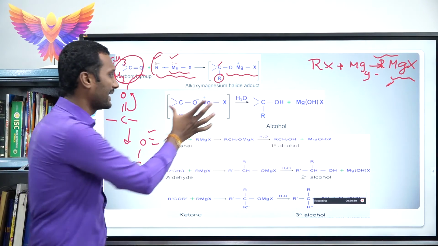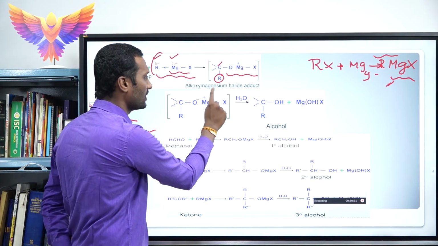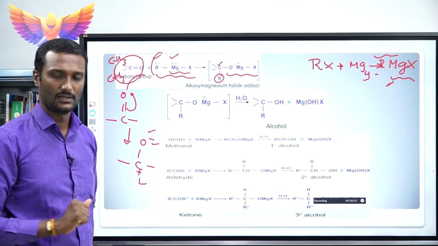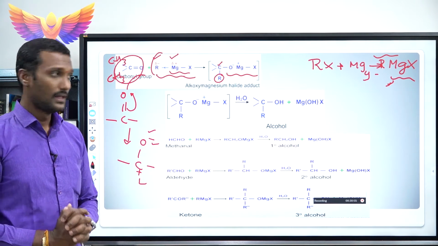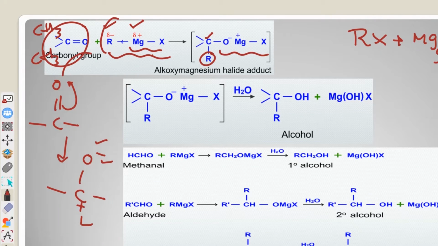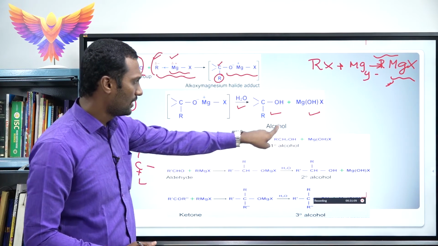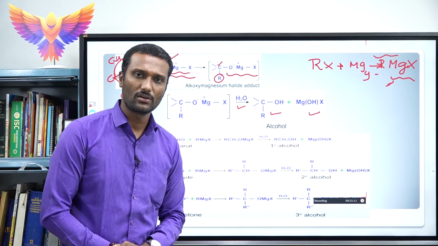Okay students, that is the intermediate, an alkoxy magnesium halide adduct. When this intermediate is hydrolyzed with water, you will get alcohol and magnesium hydroxide halide. Again I will repeat, alcohol and magnesium hydroxide halide.